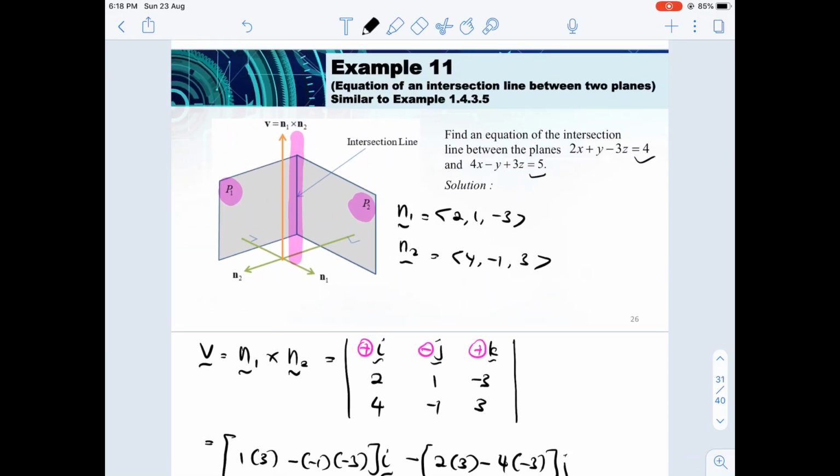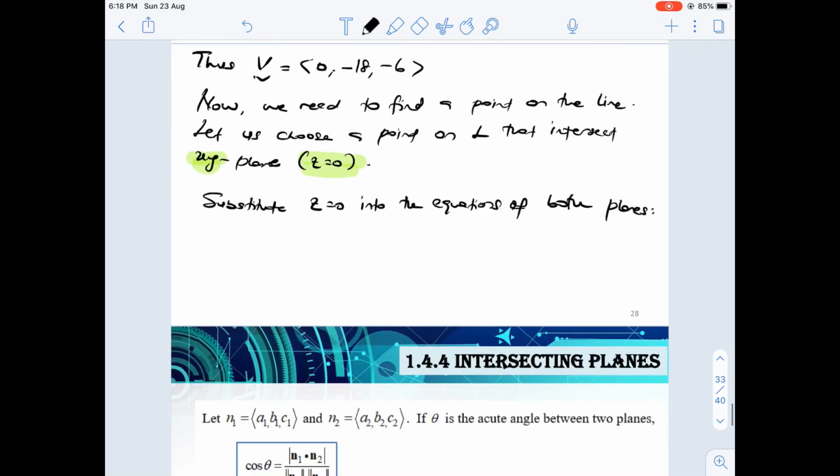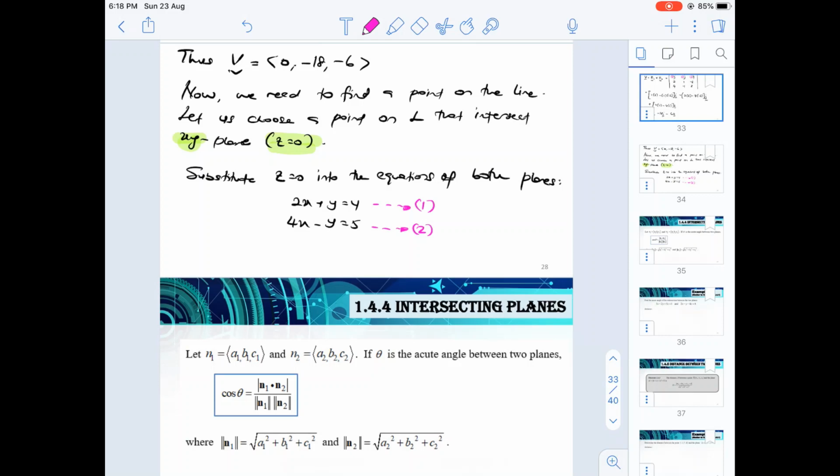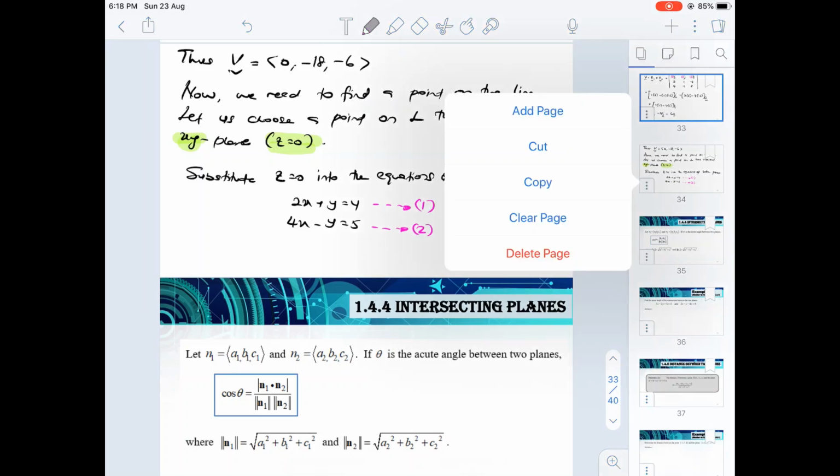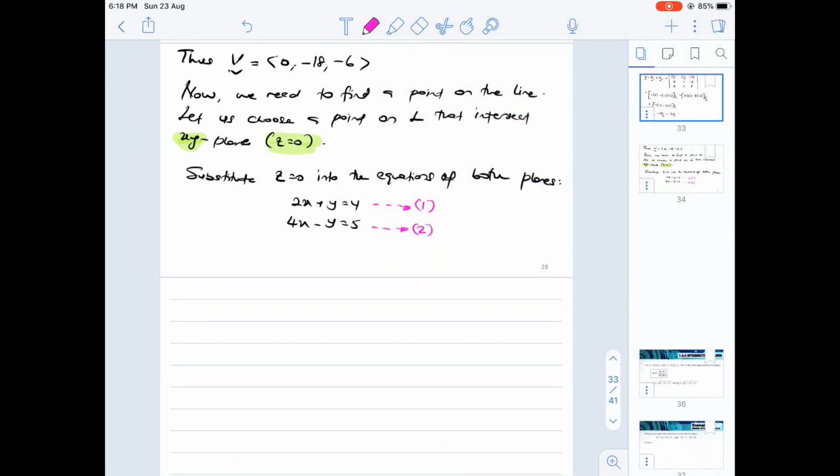Okay, with z equals 0, 2x plus y equals 4. And then we have 4x minus y equals 5. Alright, so let us solve. This is 1 and this is 2. So we need to solve these equations simultaneously.